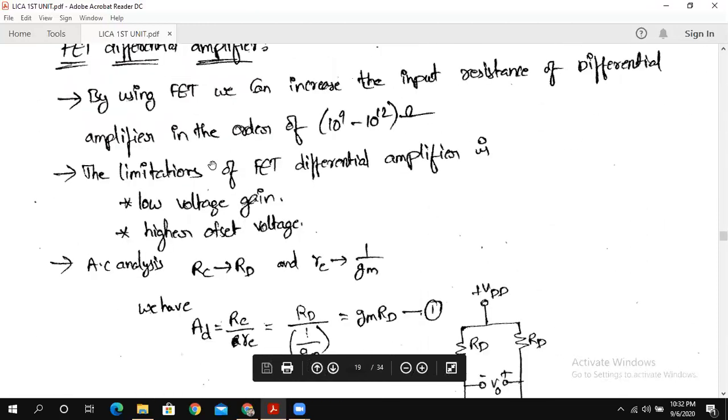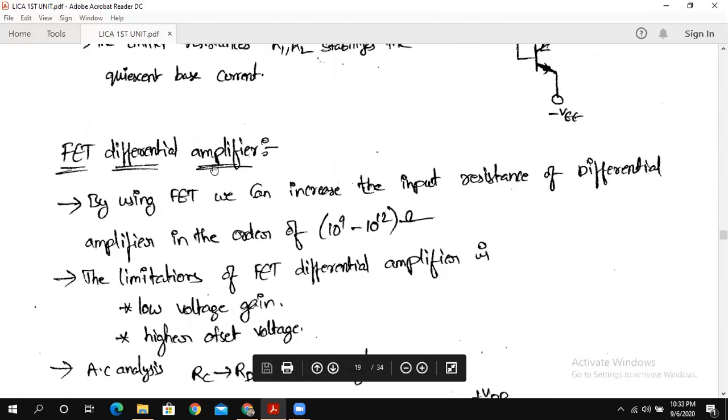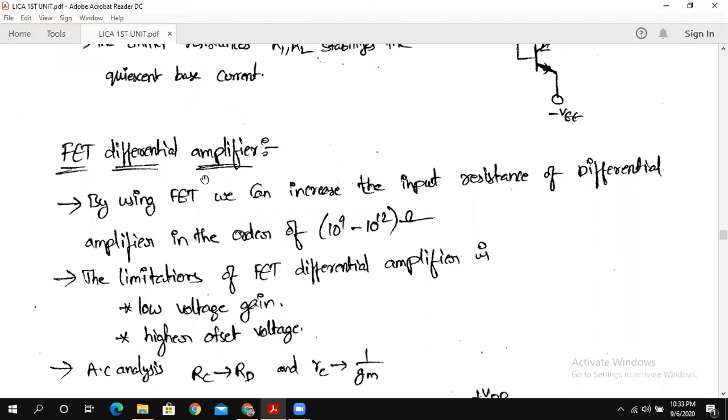Up to now we have discussed these four configurations using bipolar junction transistors. Now we are going to replace the bipolar junction transistors with field effect transistors. Why go for field effect transistors?